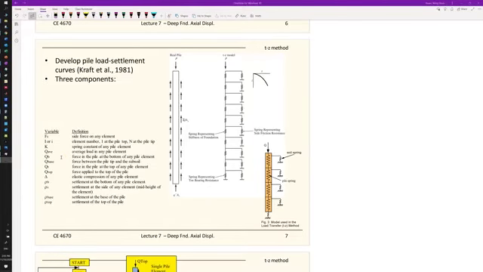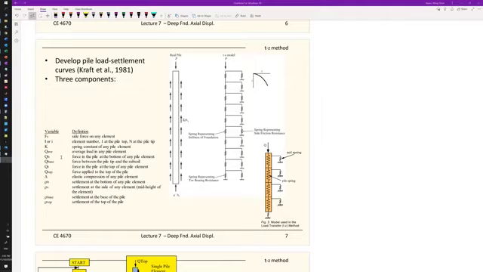Okay, next we talk about the TZ method. The TZ method is a very advanced engineering analysis method, and I saved this as the last part of the course.